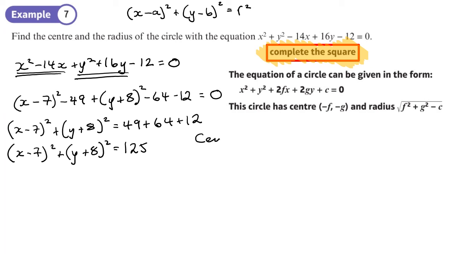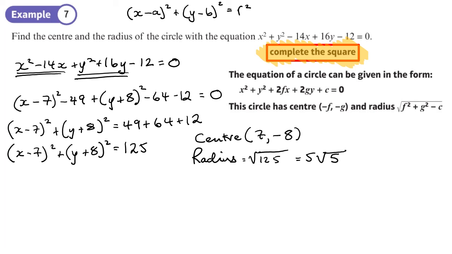Right, so the center is going to be 7, negative 8. And the radius is going to be the square root of 125. So let's see what that is. 5 root 5. So we could leave it as 5 root 5 as the radius of that circle. So center 7, negative 8, radius 5 root 5.